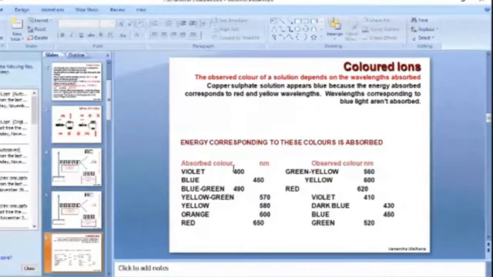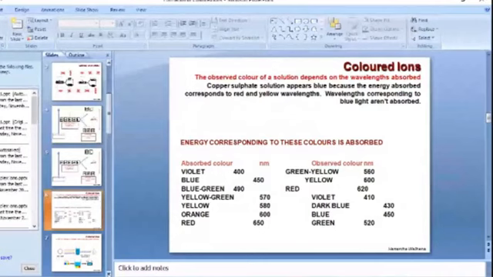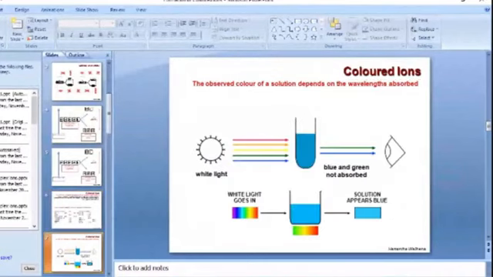So we only see what is reflected. What is absorbed to excite the electron from a lower energy level to a higher energy level is not observed. So the observed color of a solution depends on the wavelengths absorbed.